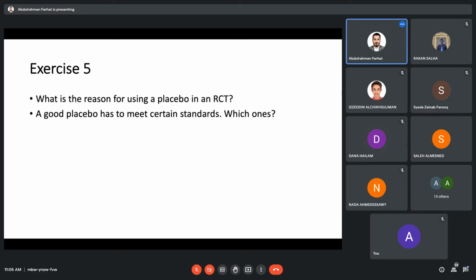What do you think the placebo should look like? Exactly the same as this one. Exactly the same. That's the standard that the placebo should meet. Can you think of any reason why? Yeah, because the patient may be able to differentiate which one is the placebo. Exactly.